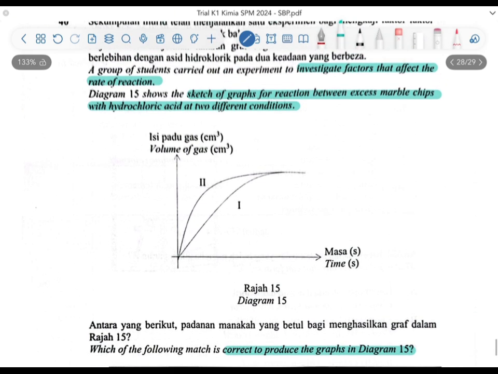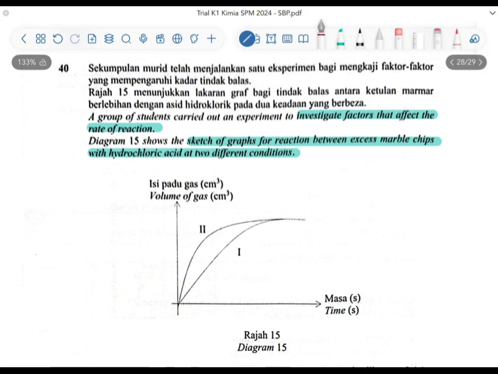So let's just write the chemical equation for the reaction between the excess marble chips, which is actually calcium carbonate, with the hydrochloric acid. So let us write the equation.